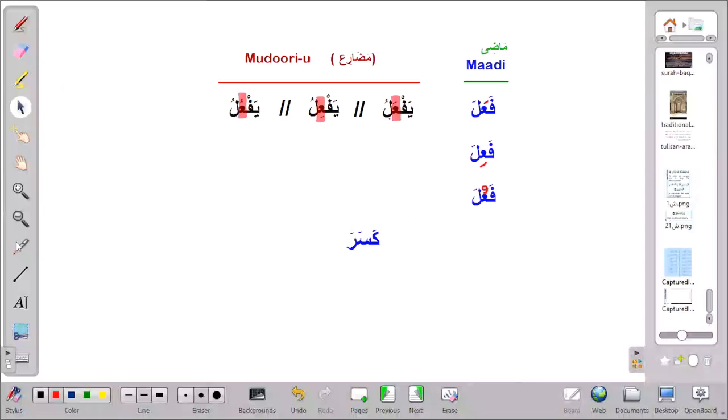Now, if I want to conjugate the mudari, we said you are going to add ya, right? Kasara means he broke. But if I want to say he is breaking in the present tense, I'm not just going to add the ya. If I add the ya, I have to change the first letter. So it will be what?